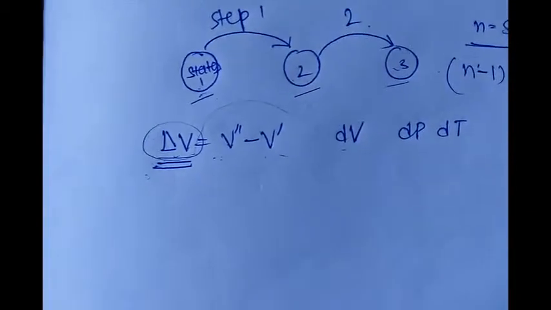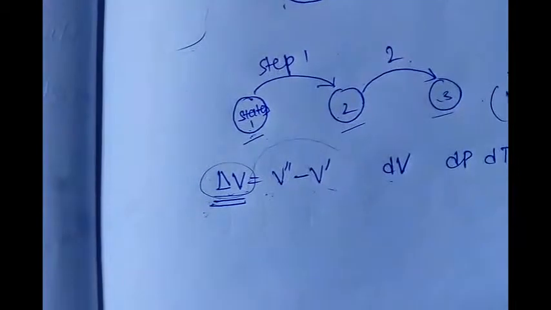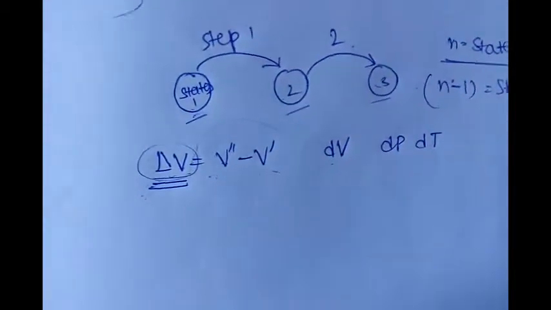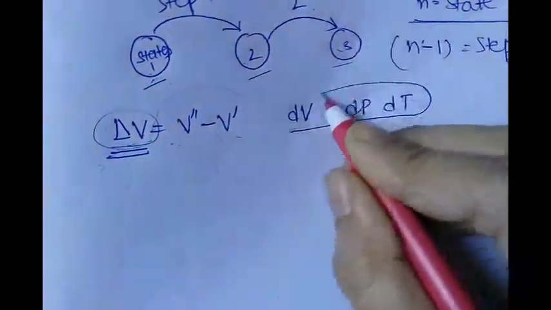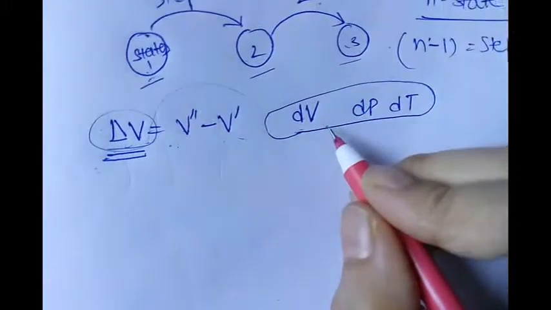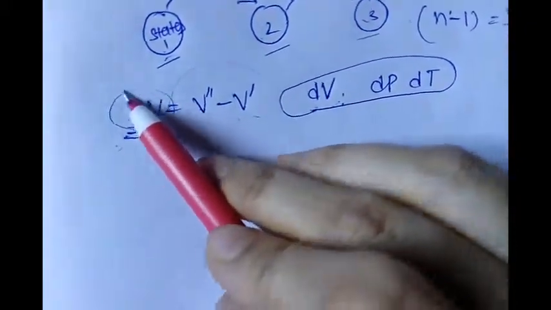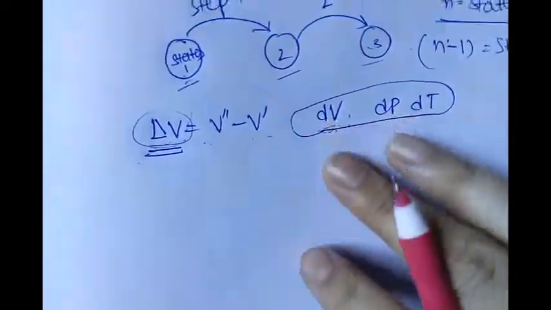So the difference between two successive state variables becomes differential in case of a reversible reaction. Hence, in case of an irreversible reaction it becomes delta, and in case of a reversible reaction it becomes d.